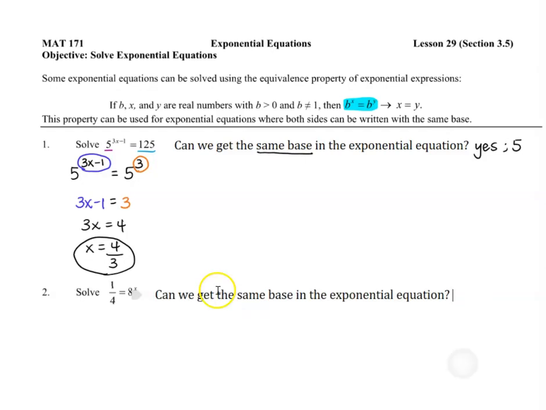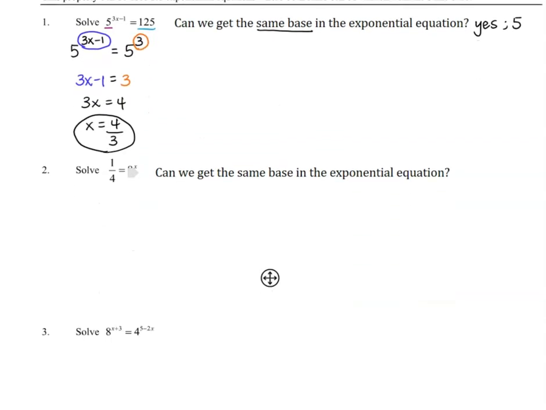We start example 2 the same way by asking ourselves if we can rewrite this equation so that we have the same base on both sides. And the answer to this question is again yes. I can rewrite both sides of this equation with a base of 2, because 1/4 is the same thing as 2 to the negative 2, and 8 is the same thing as 2 cubed, and it still had that exponent of x on it.